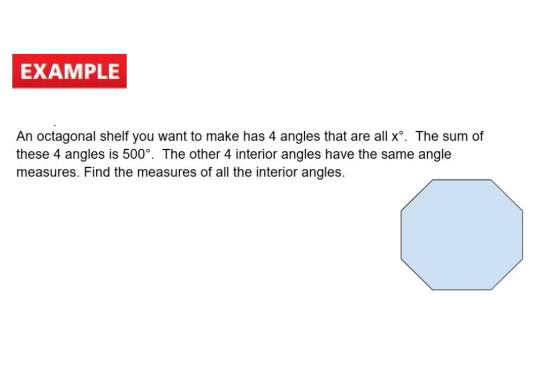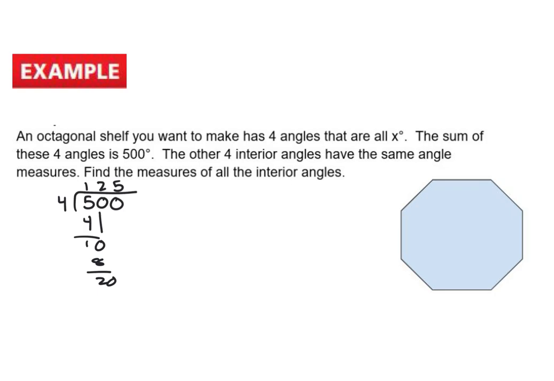In this next example, it says an octagonal shelf you want to make has 4 angles that are all x degrees. The sum of these 4 angles is 500. So we know we have 4 angles, 500 degrees. So let's just do 500 divided by 4. So the 4 angles all have a measure of 125.